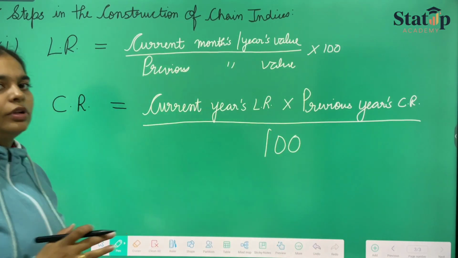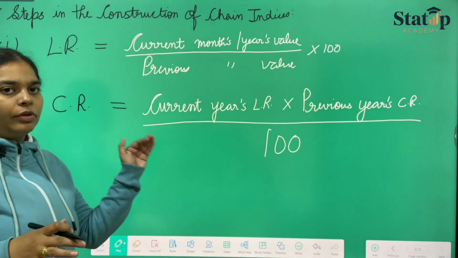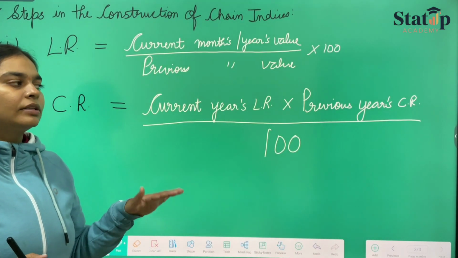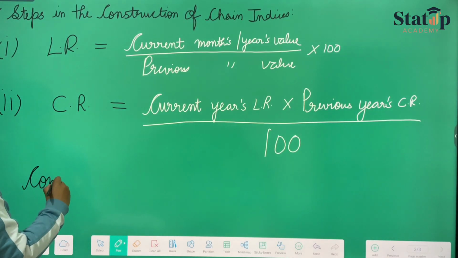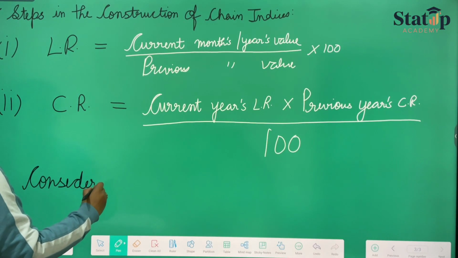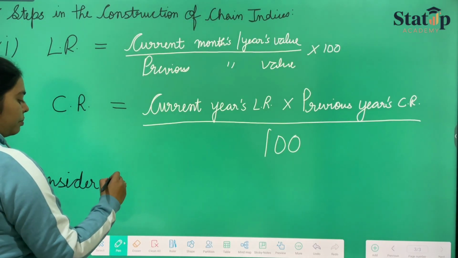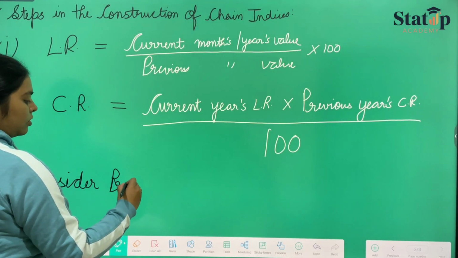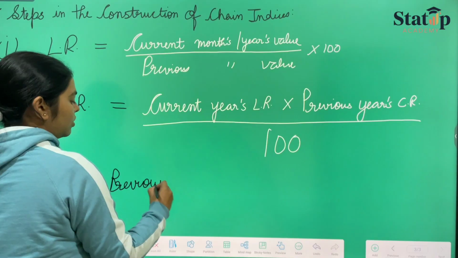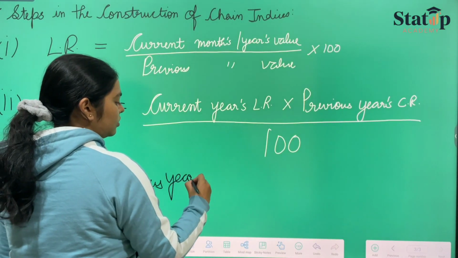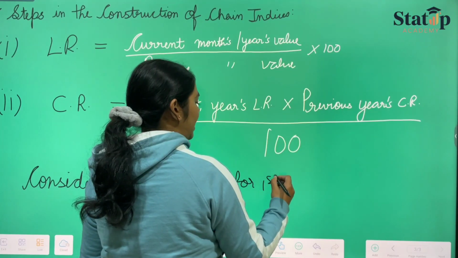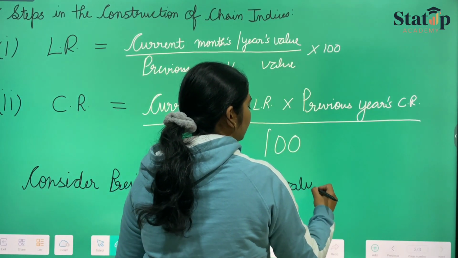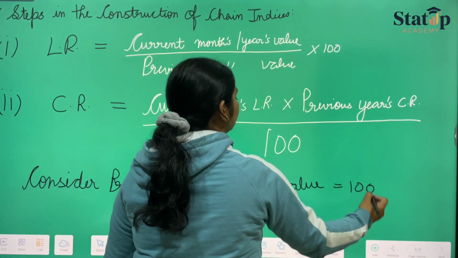And since we don't know the first chain relative, if we are starting from the very first value, then we can consider the previous year's CR for the first value to be equal to 100. We'll take that.